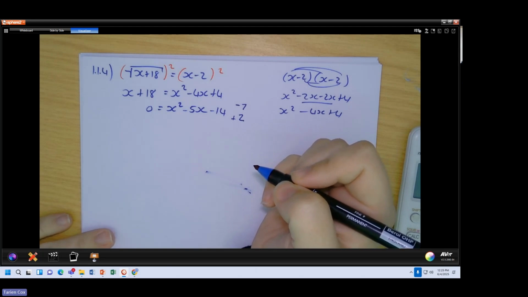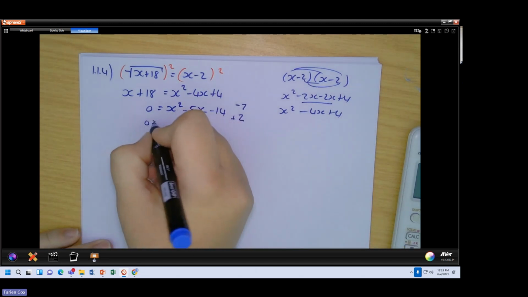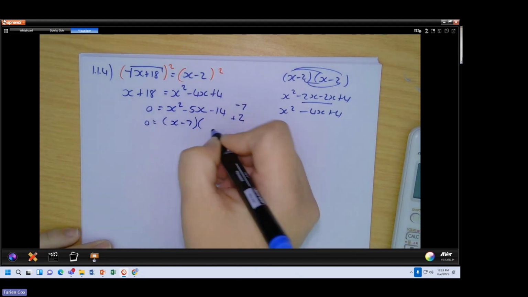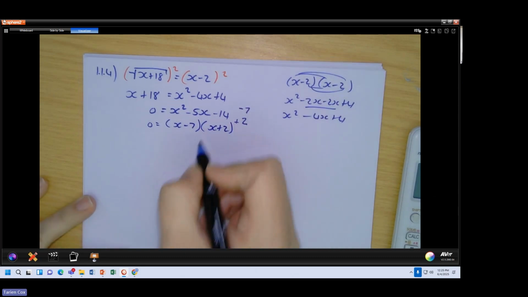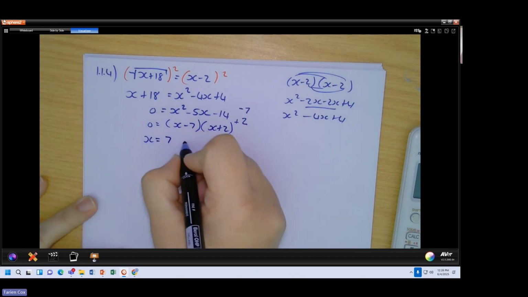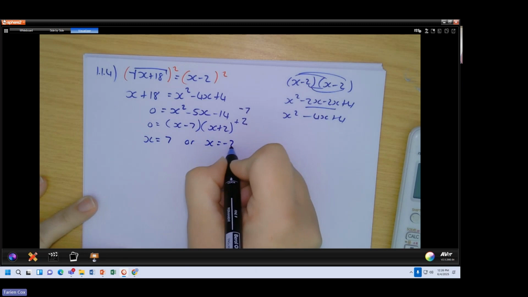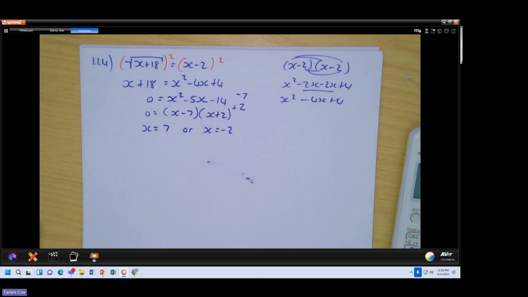If you are not, then it is your job to make sure that you go and practice your trinomials. This gives me x minus 7 and x plus 2. And from here on, we're back to the same type of question as question 1. We are going to say x will then be 7 or x will be -2. Now, this is where I also need to say something specifically.